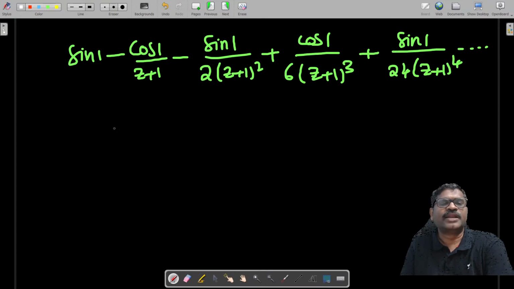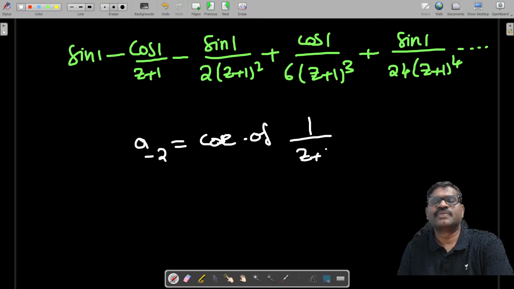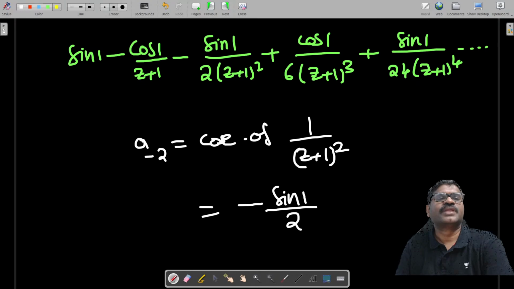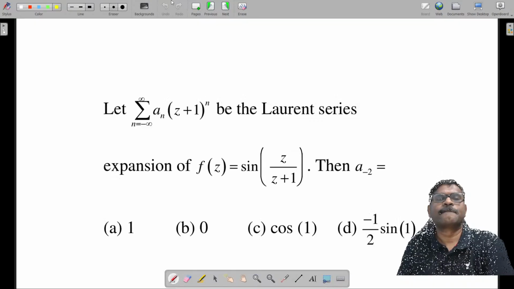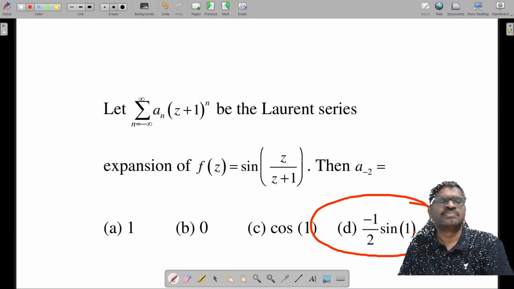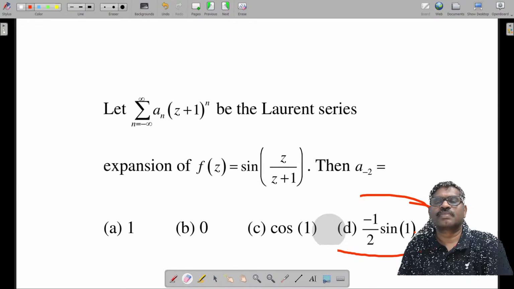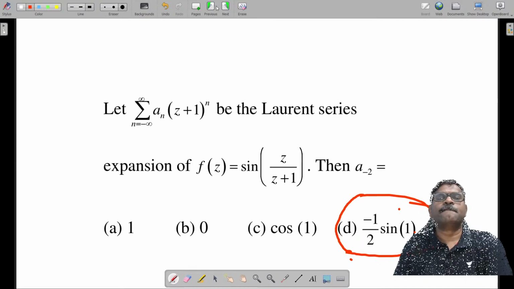Okay? Now a minus 2 is the coefficient of 1 by z plus 1 whole square, that is minus sin 1 by 2. The answer is minus sin 1 by 2.